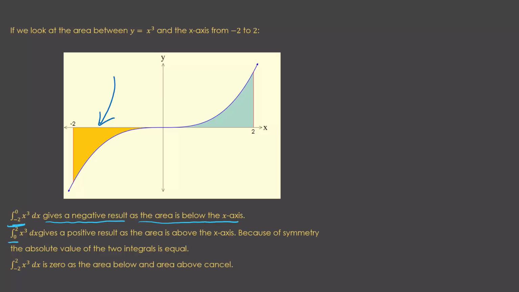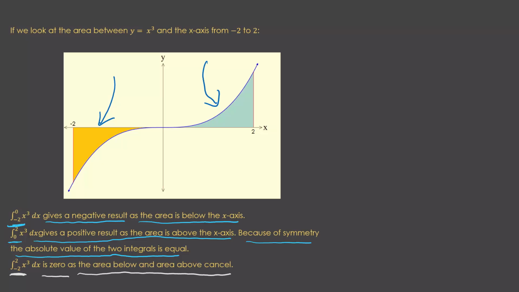The integral from 0 to 2 gives a positive result as the area is above the x-axis. Because of symmetry, the absolute value of the two integrals is equal. So we were talking about this area then. The integral from -2 to 2 is 0 as the area below and the area above cancel.